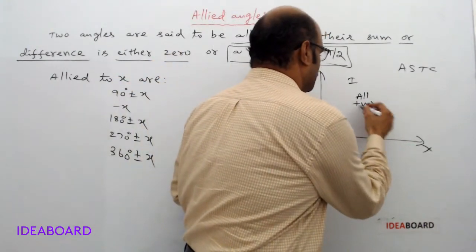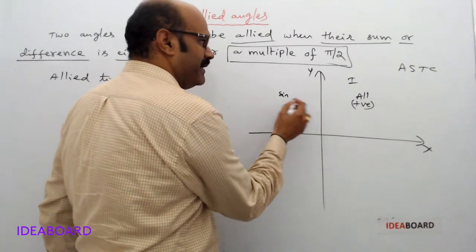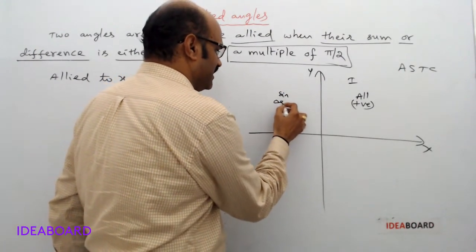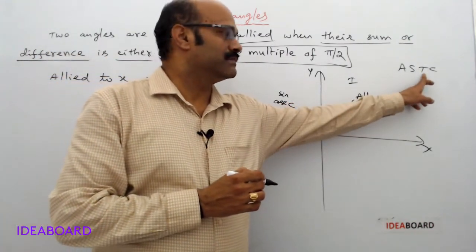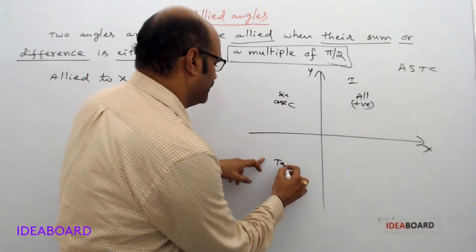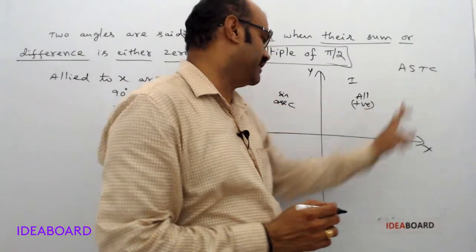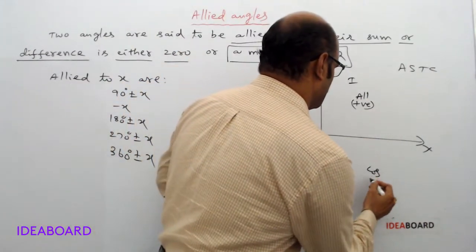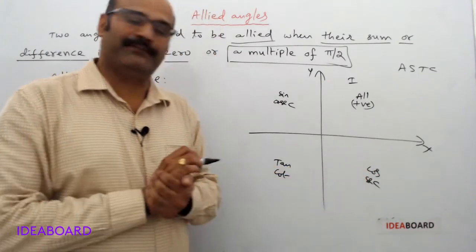When you come to the second quadrant, sine and its reciprocal cosecant are positive, and in the third quadrant T for tan: tan and cot are positive. Now in the fourth quadrant we have cos and secant, which are positive.